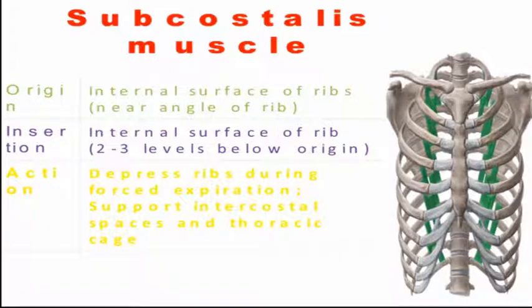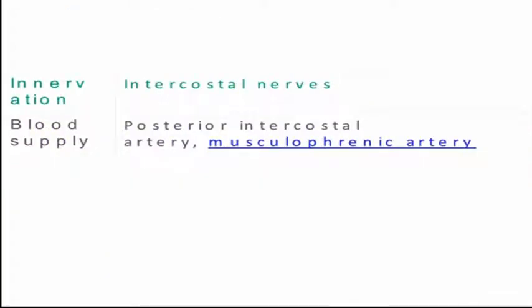Its action is to depress the ribs forcefully during forceful expiration, and it also supports the intercostal muscles and spaces and the thoracic cage. It is innervated by the intercostal nerves. Blood supply of the subcostalis muscle is from the posterior intercostal artery and musculophrenic artery.